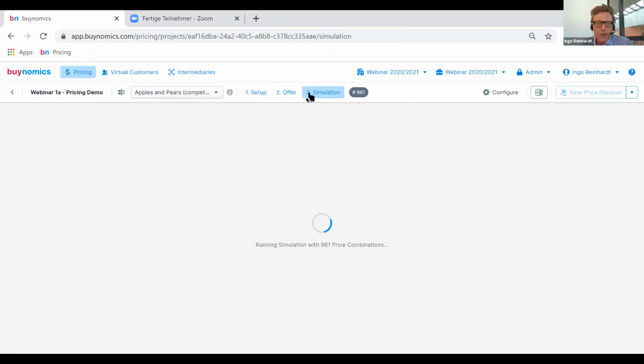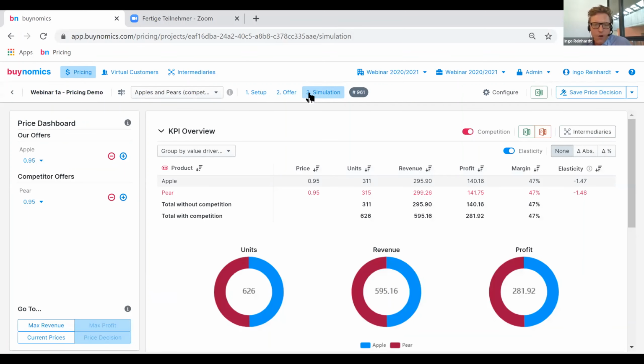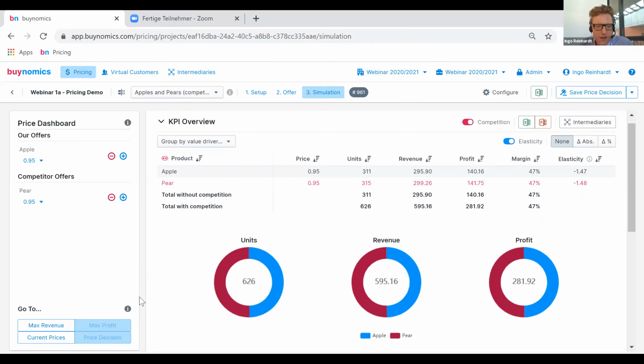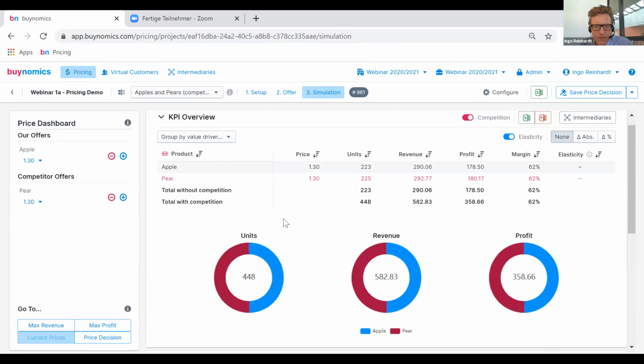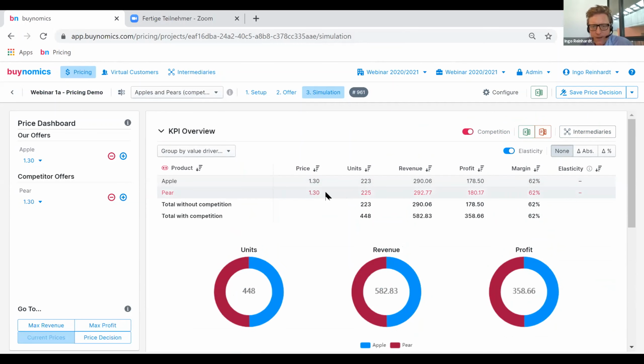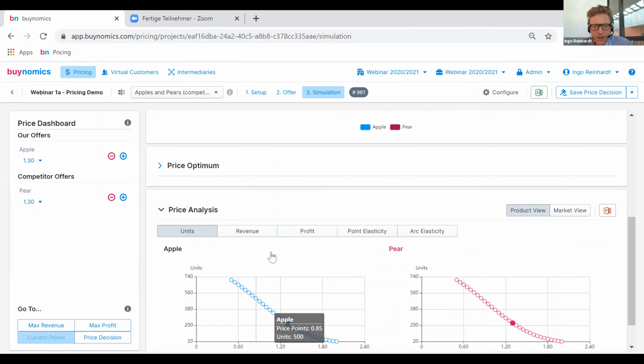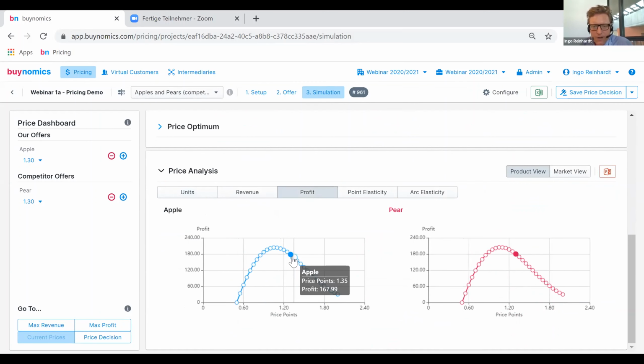We can look at what that looks like in the market if we offer apples and our competitor offers pears, and we are selling at the current price of 130, and the competitor also sells at 130. Then we see that we are below our profit optimum, and we can improve our profit when we go to the optimum.